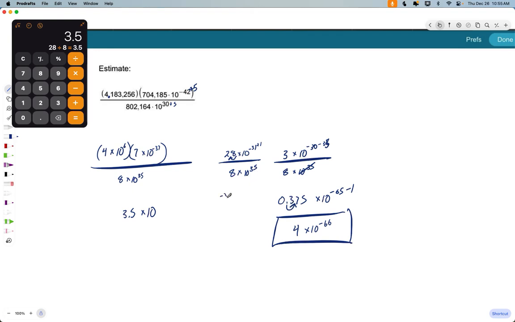So negative 31 minus 35 would have given us a negative 66, right? 3.5 rounds to 4 times 10, you would have still had negative 66. So you would have gotten the same answer either way. All right, next problem.